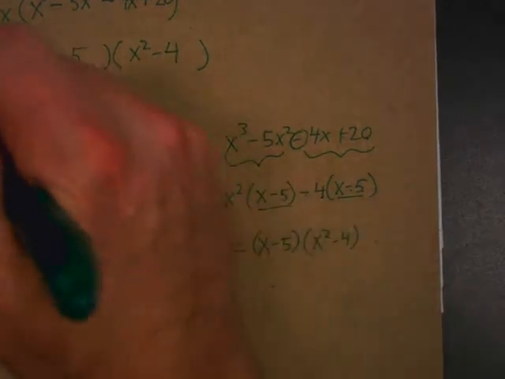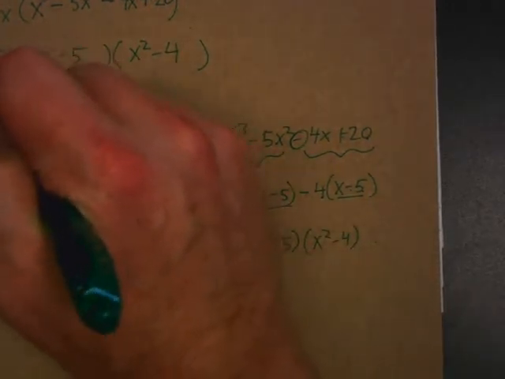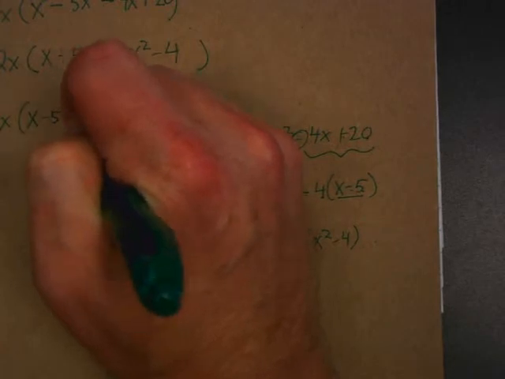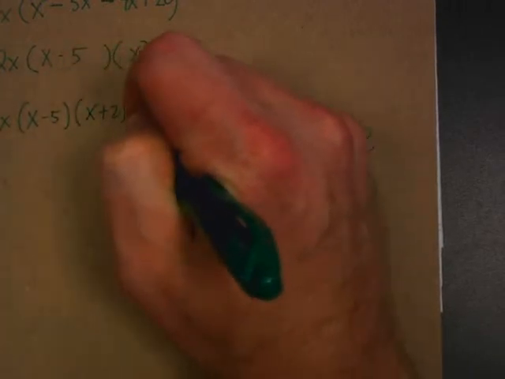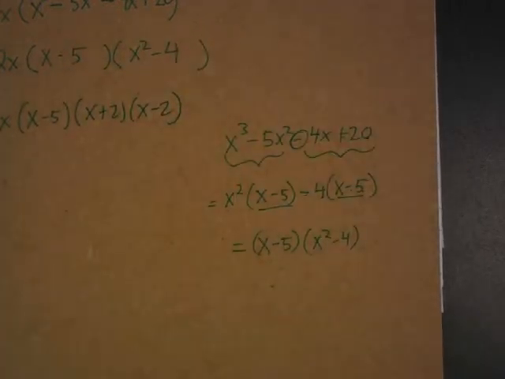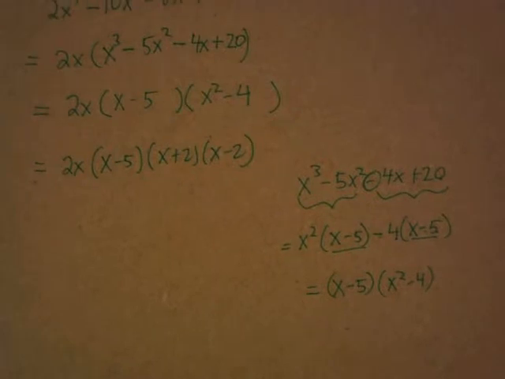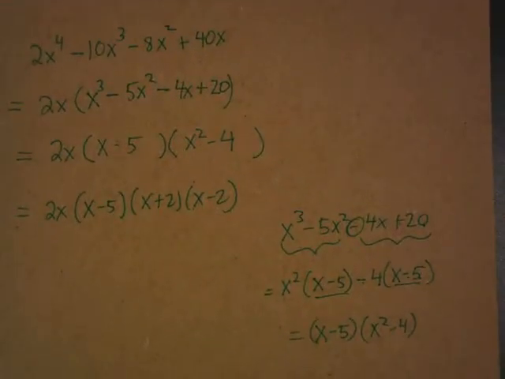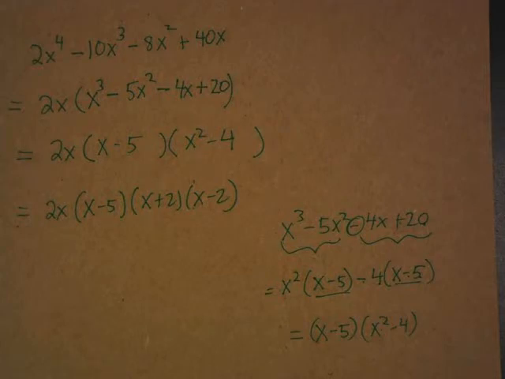Final answer should be 2x, x minus 5, x plus 2, x minus 2. You end up with 3 sets of parentheses on that one. So again, watch out for those nasty problems. Quite often, you have to factor more than once. And here's an example where you have to factor 3 times.